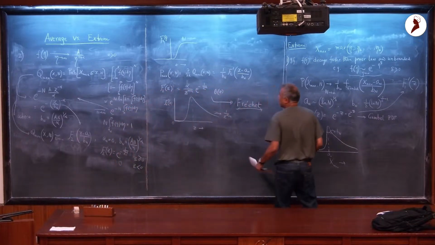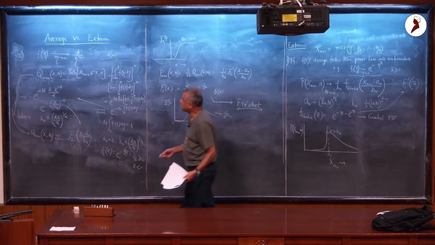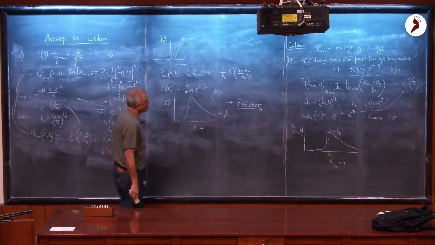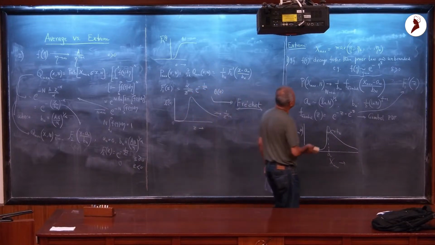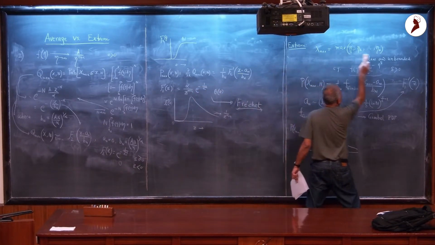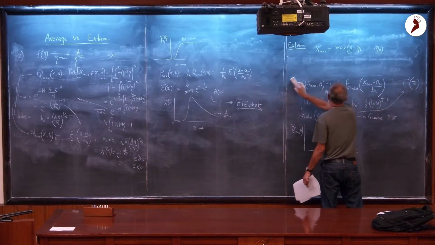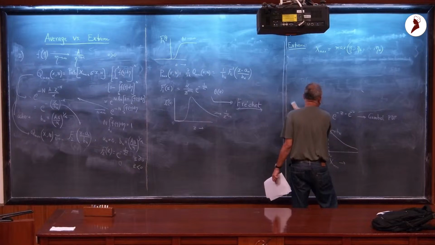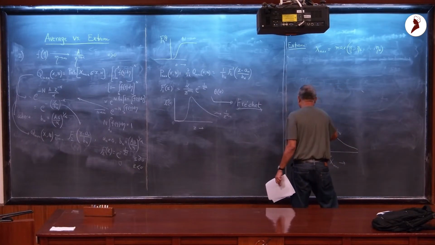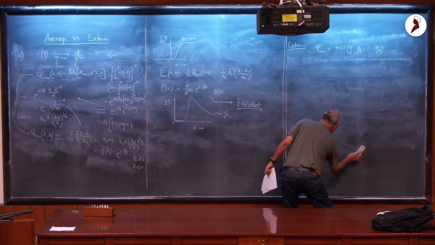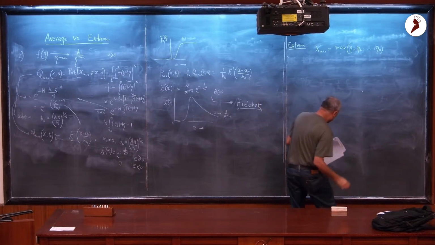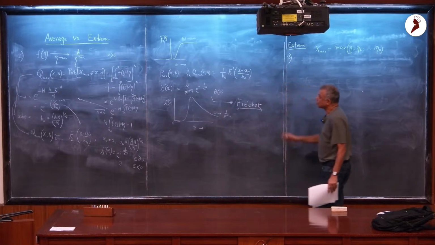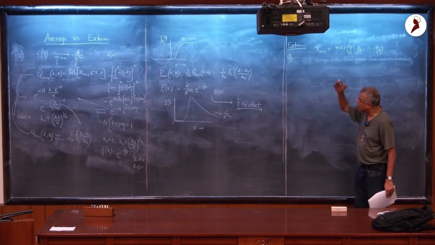Okay? So this is the Fréchet, and then there's a third category, which I didn't want to remove this. Okay, but I'll remove that, I'll write it again. So far we have, think of a theta tail.